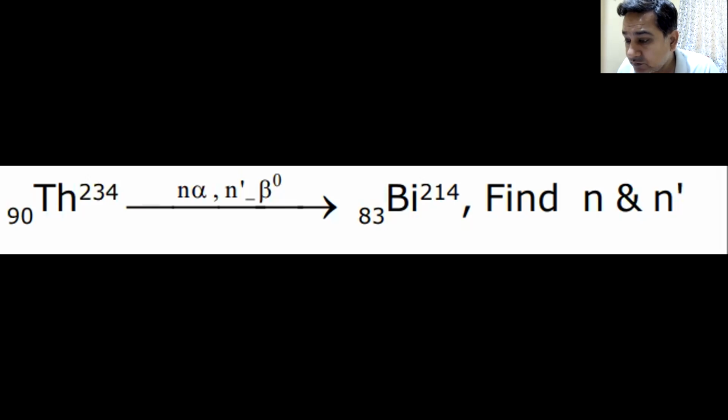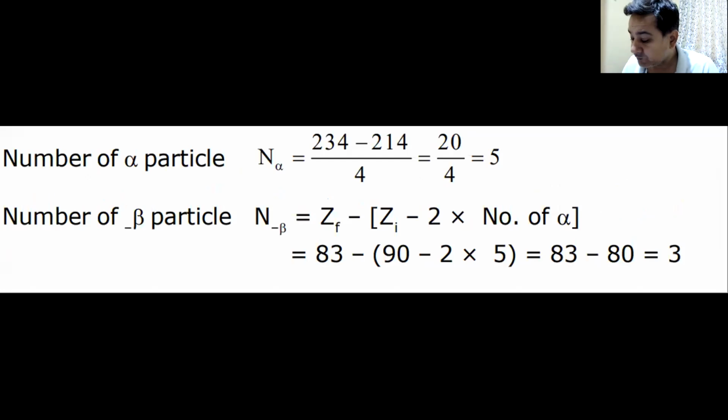Shall I help you? Alpha is 5, sir. N is 5. Well done. Alpha is 5. And what about N dash? N is 5. That is correct. Okay, I will help you out.